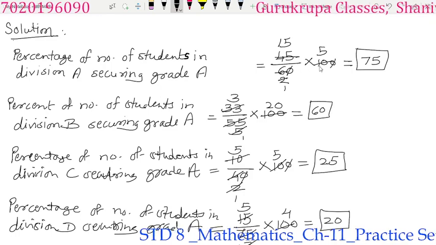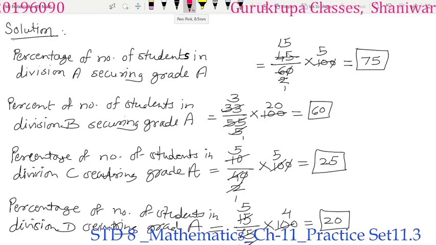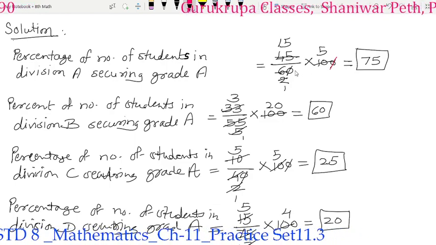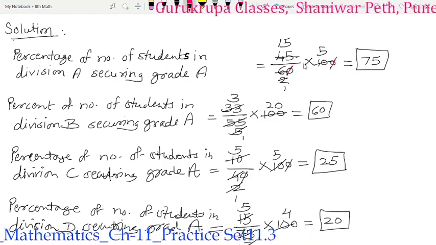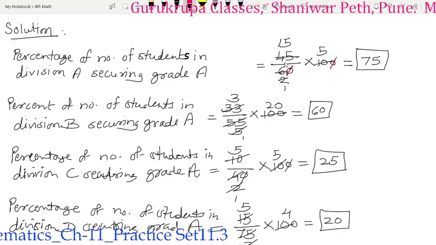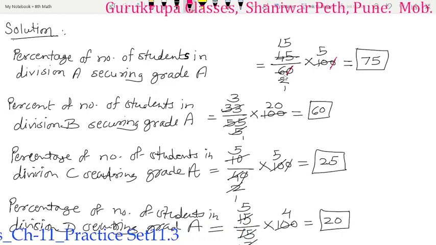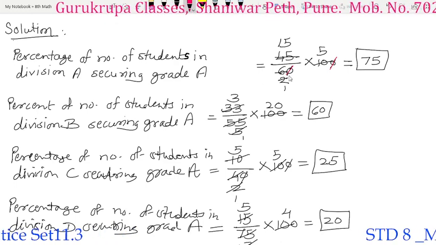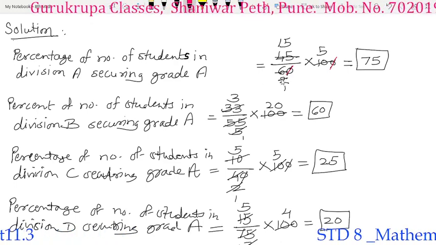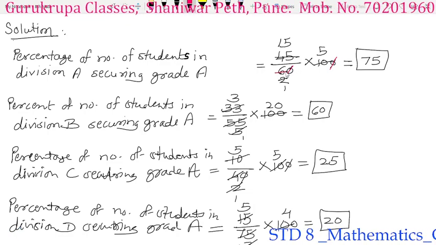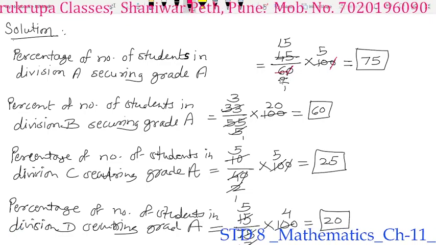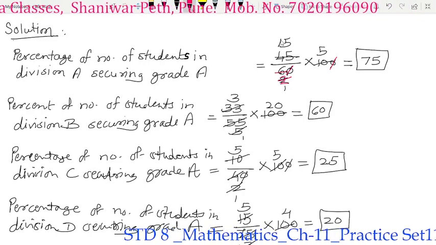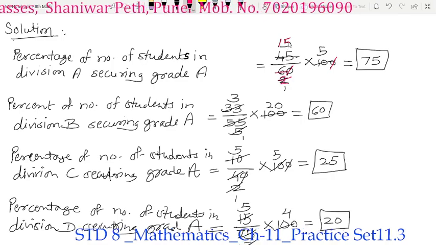By multiplying by 100, we can cancel the 0 of the 100, which is the numerator, and the 0 of 60, which is the denominator. Now 6 and 45 are in the table of 3, so we can divide. 3 twos are 6, 3 ones are 3, 3 fives are 15.